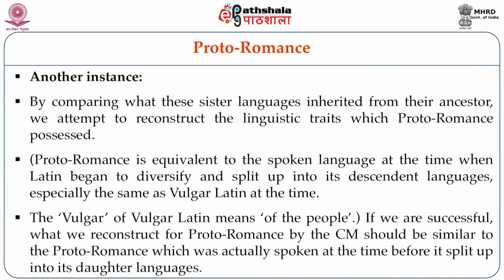Of course, the word vulgar of Vulgar Latin means of the people. If we are successful, what we reconstruct for Proto-Romance by the comparative method should be similar to the Proto-Romance which was actually spoken before it split up into its daughter languages.